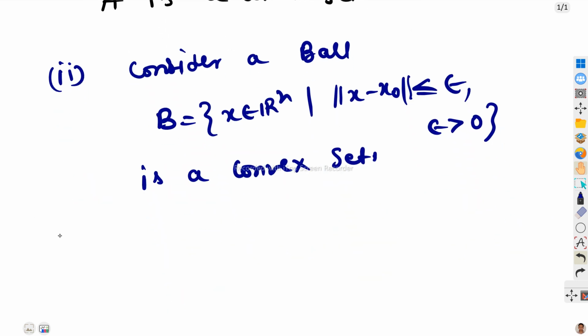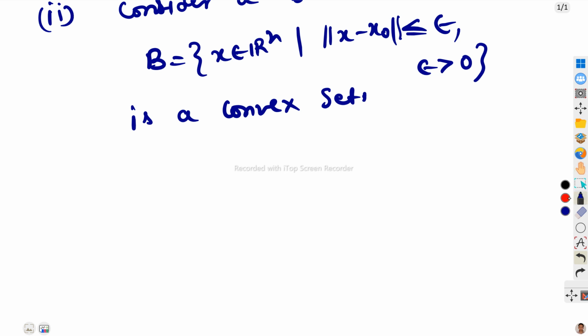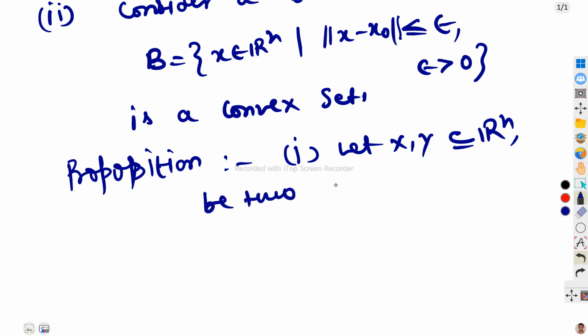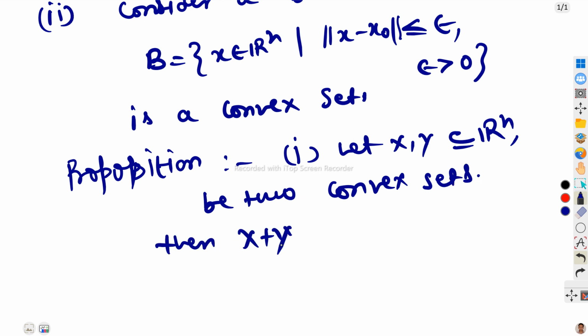Again, we have a proposition. First, let X and Y be subsets of Rn that are two convex sets, then their sum X plus Y is also a convex set.